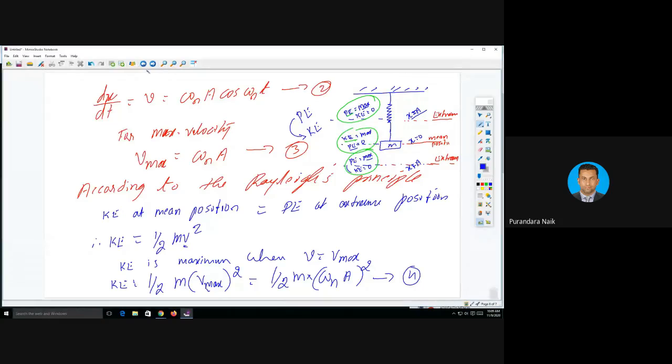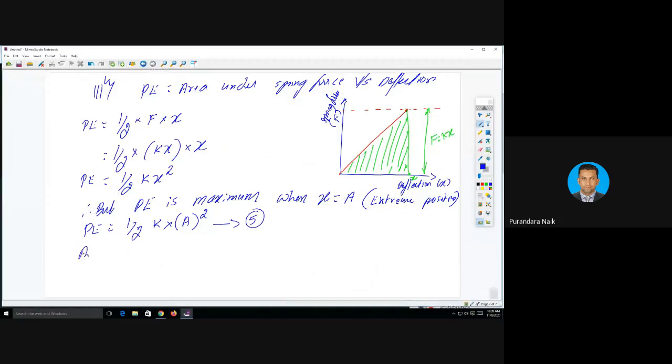So, according to Rayleigh's principle, kinetic energy is equal to potential energy. Equate them.